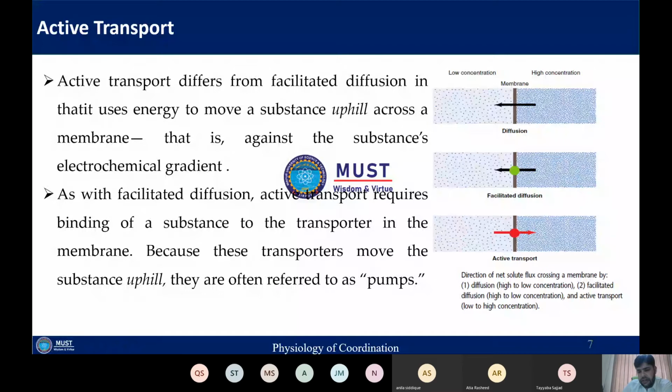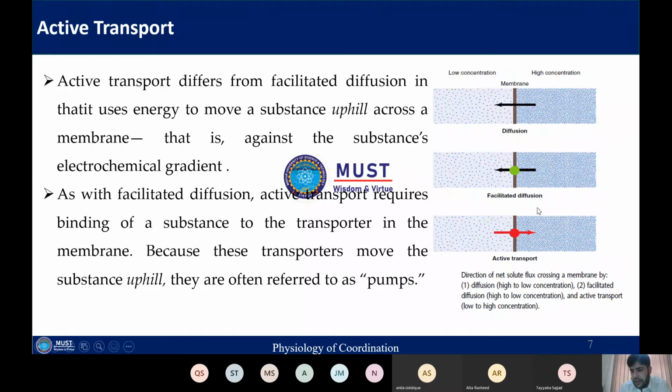For example, the heart as our pumping organ transports blood to the upper part of the body, where it is acting as a pump.